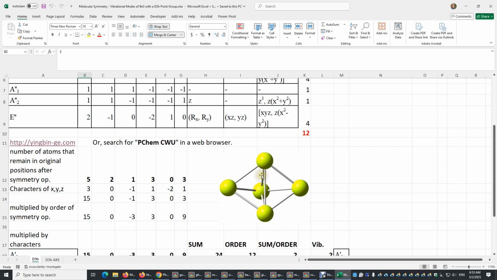You can see this C2 axis is perpendicular to the principal rotational axis, and this C2 axis also bisects this triangle. You have 3 of those because the 3 C2 axes each cross one of the 3 atoms. And when you do a C2 operation, it's just 180 degrees.